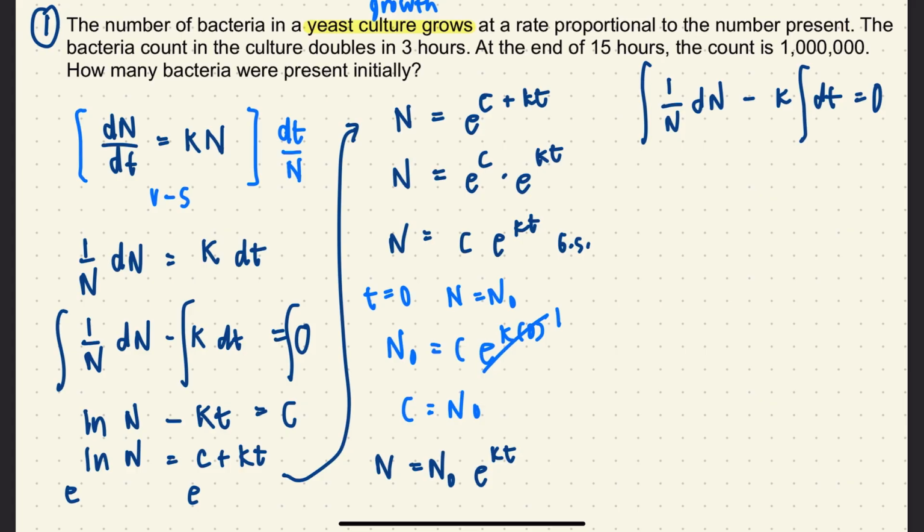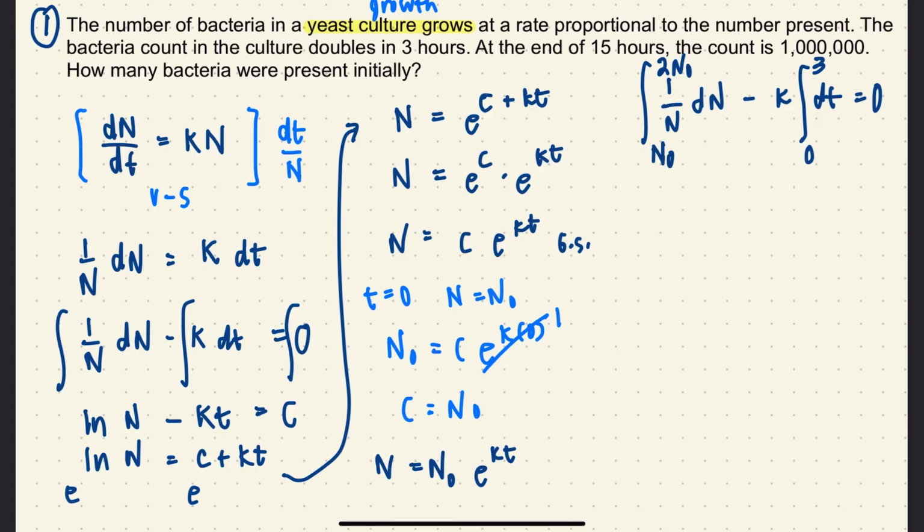So if we are starting from your original amount, original number, it says there it doubles in 3 hours, in the second sentence. So twice your n sub o, and then that is in 3 hours. So from 0 to 3 hours.